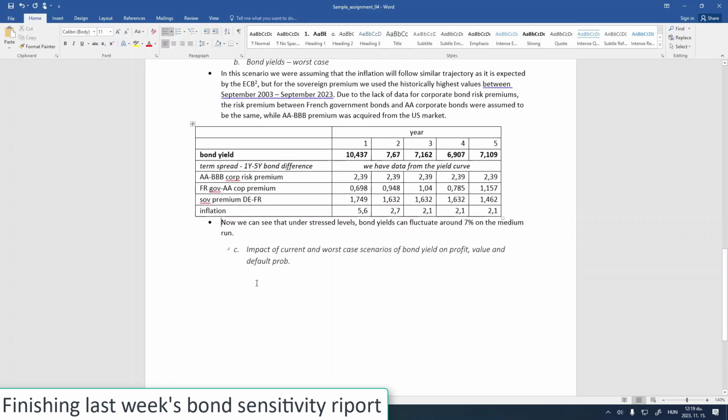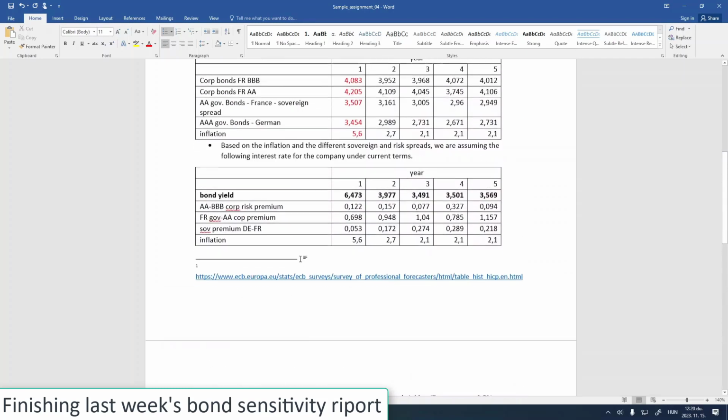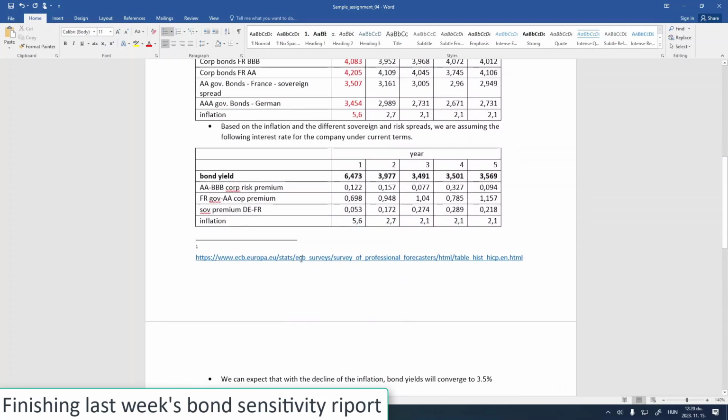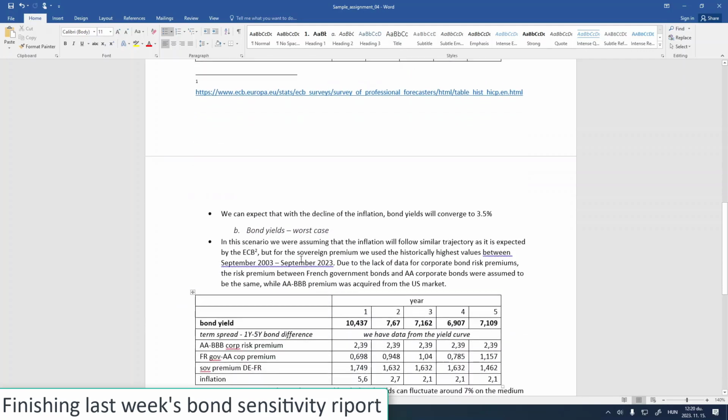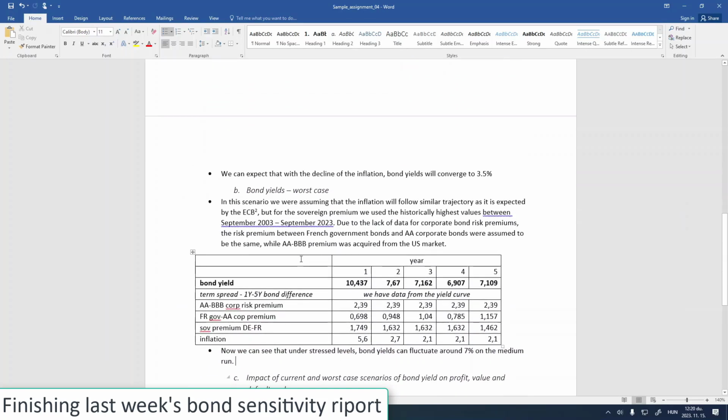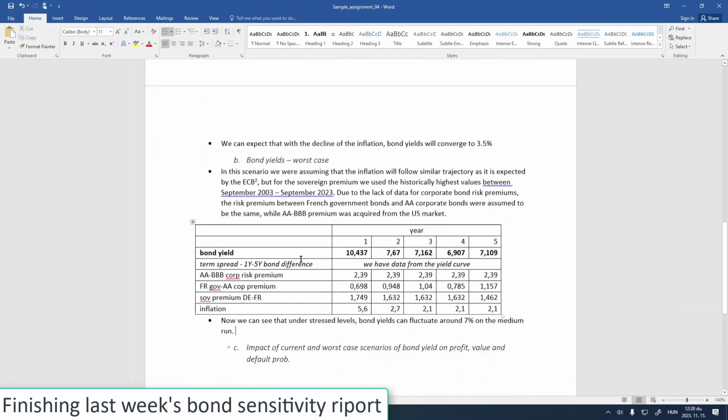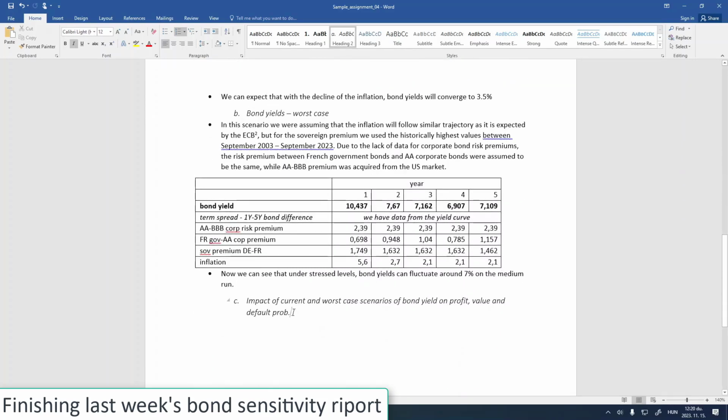Okay, now we have the worst case scenario. So we can see that depending on the situation, medium run yields can double if things are going sideways, but we can assume that if there is no exceptionally inflationary time period, then we don't have to care about that one.